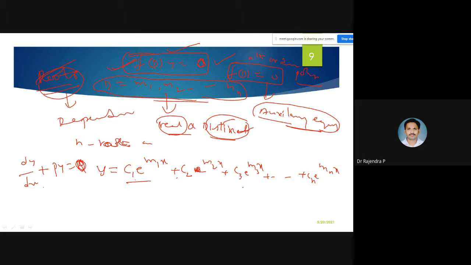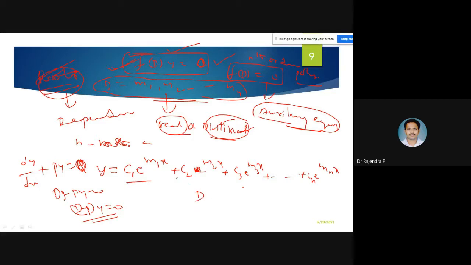Then it becomes a homogeneous linear equation. So in place of this I am representing d, so we have dy minus py equal to 0, which is (d minus p) into y equal to 0. I'm solving that equation.